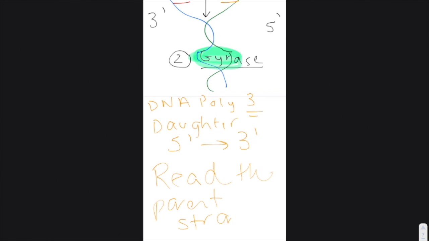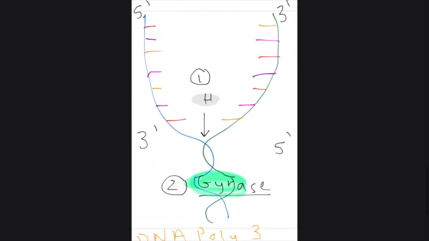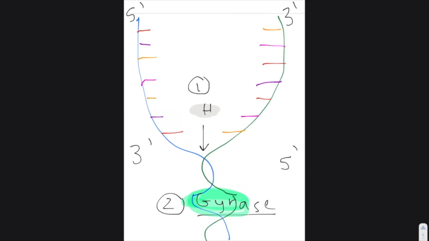In other words, lay the nucleotides from the parent strand's 3' to 5' end, because they're anti-parallel. So DNA polymerase needs to make both daughter strands only in the 5' to 3' direction. So RNA polymerase needs to lay down the primers for that. It's going to be laying down RNA nucleotides.